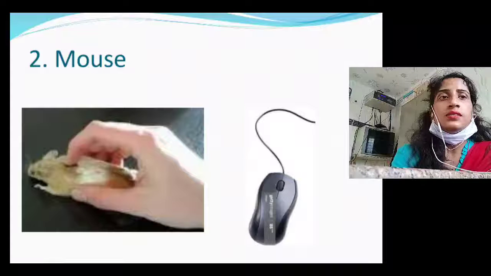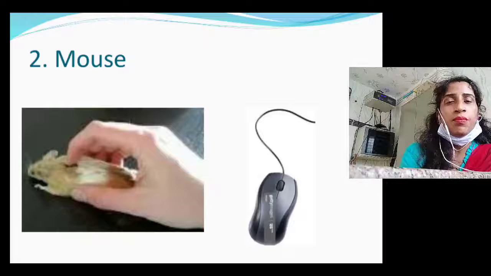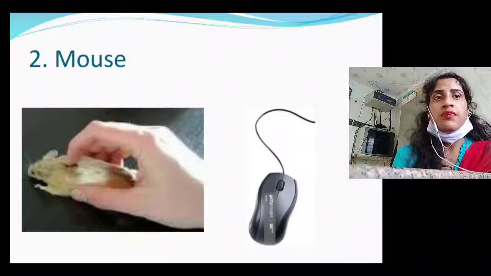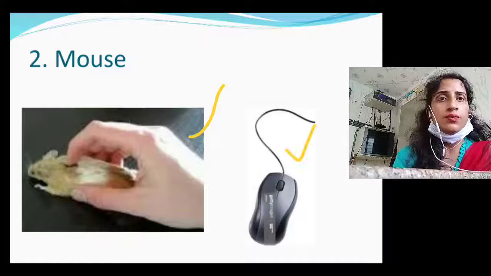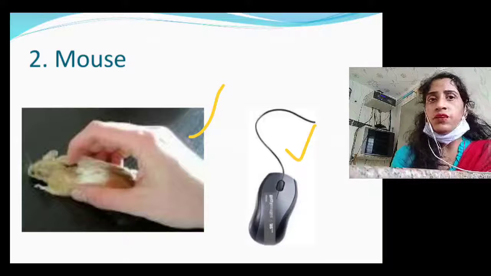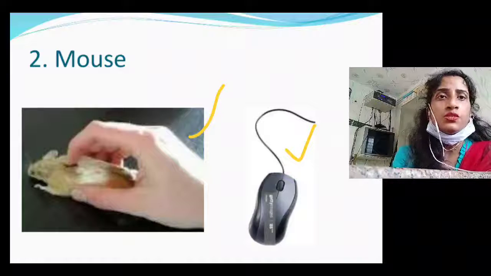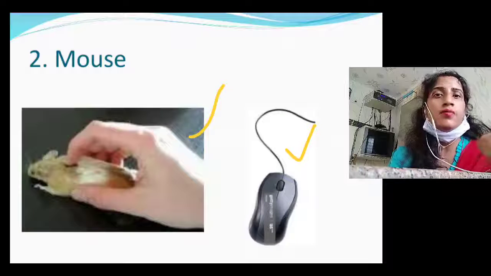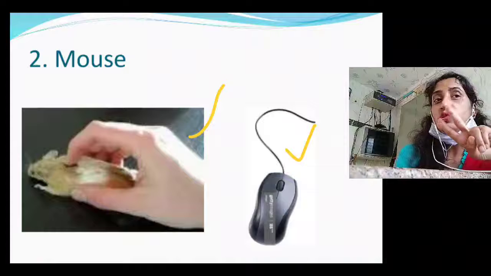So students, the second part is the mouse. Have you seen these 2 pictures? First one is this one and second one is this one. You will find that your computer mouse looks like a real mouse. How? A real mouse has 2 ears.